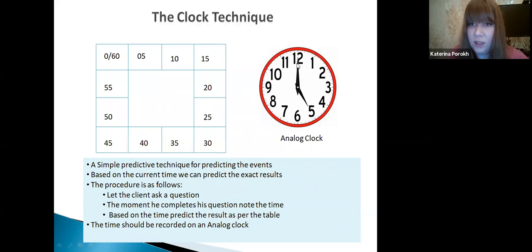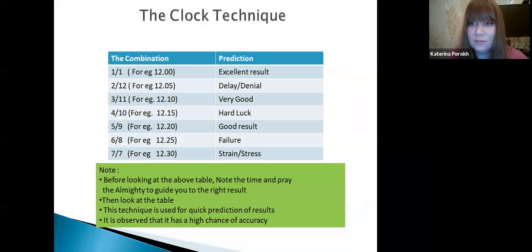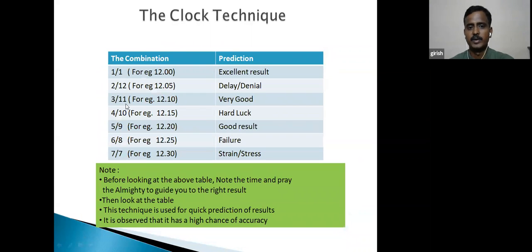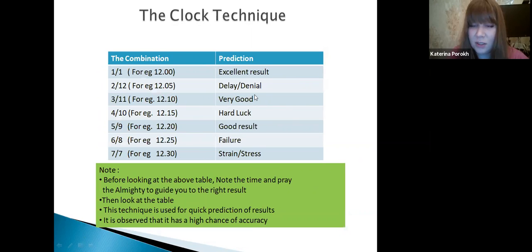So the combination is 3 and 11. If somebody asks you a question at 12:10, it is a 3 and 11 combination, and the result is very good. The prediction for the combination 3-11 or 11-3 is a very good outcome.